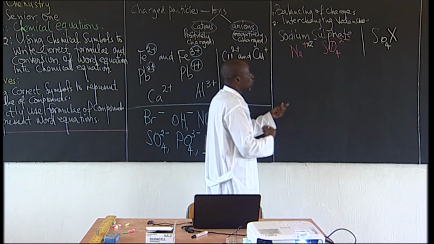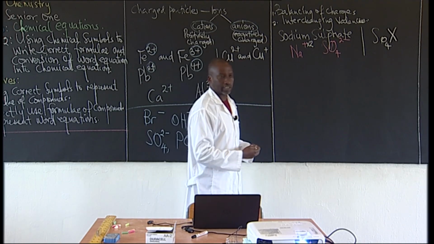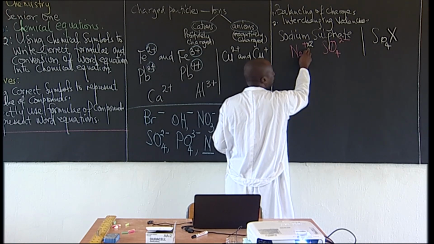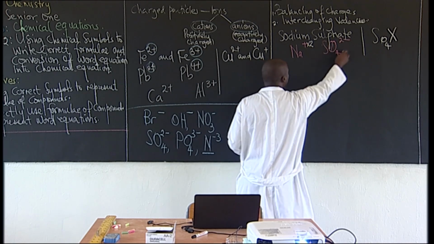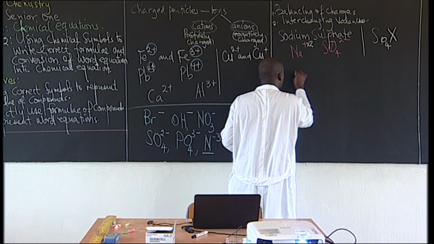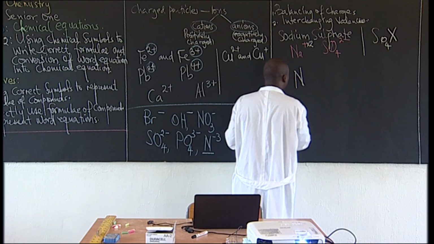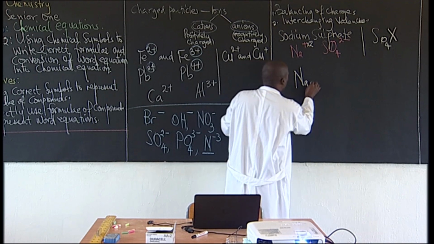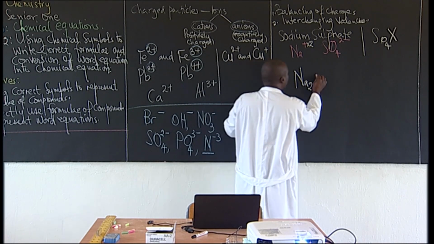So we are going to interchange the valences. The valence here, we said we multiply by 2 to make sure the charges are balancing. So we are going to do like this. Sodium, we rewrite again. You remember we multiplied this one by 2, and then we write it here.